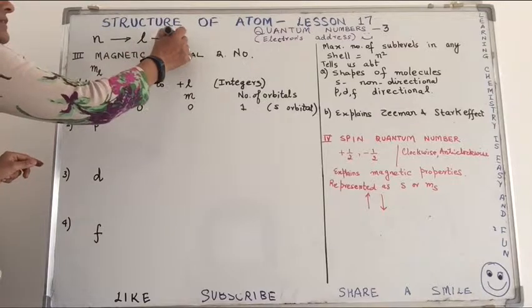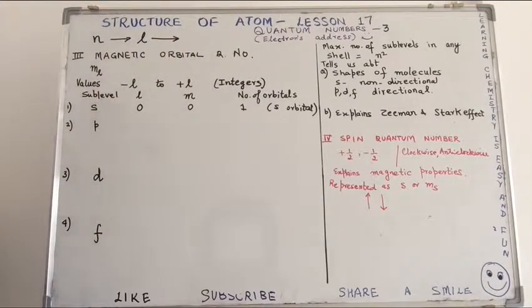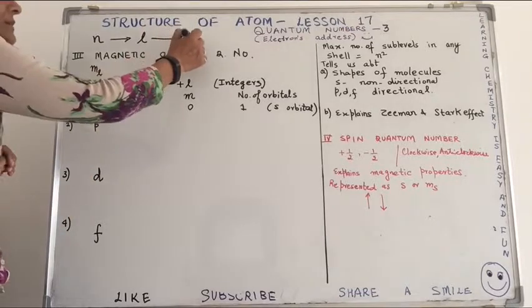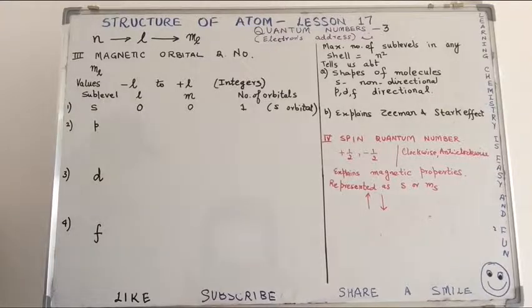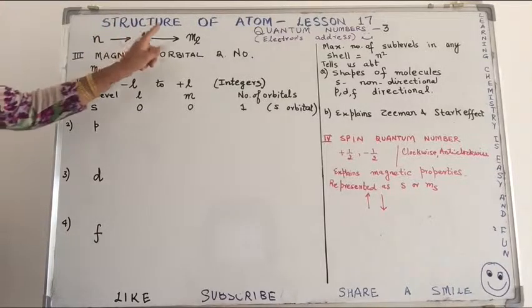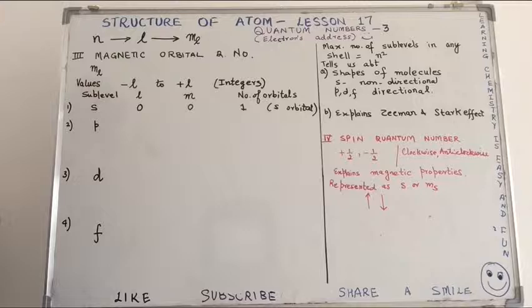The sublevel, whether it is S, P, D or F, will give us the value of ml, that is, the number of orbitals in any sublevel.